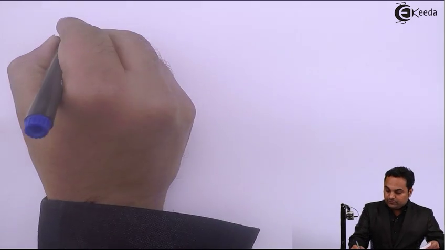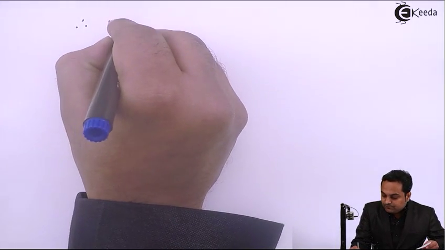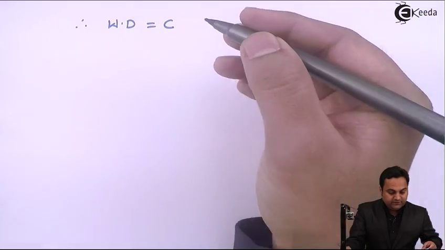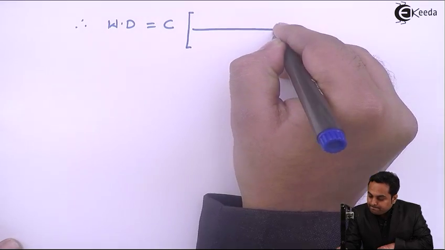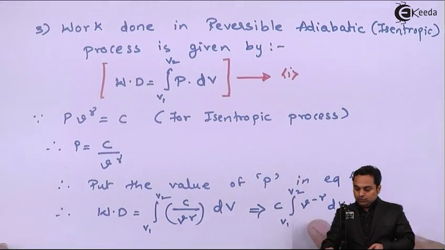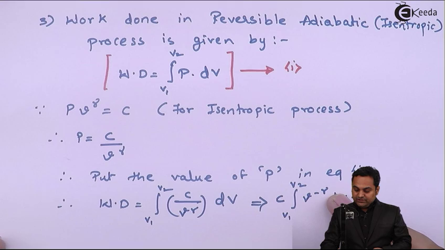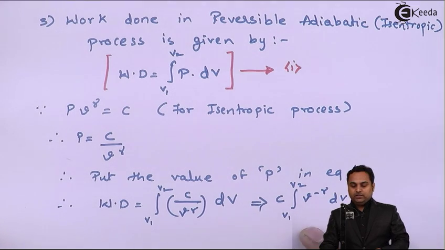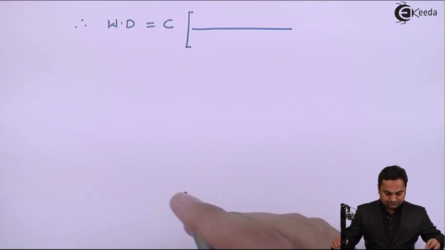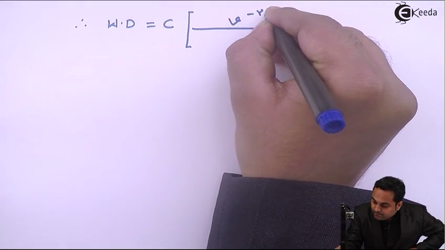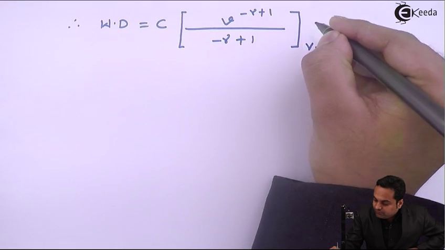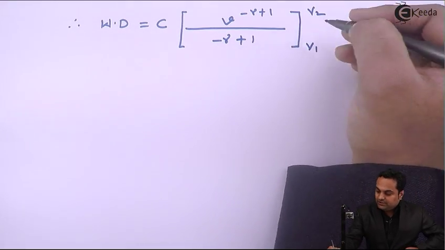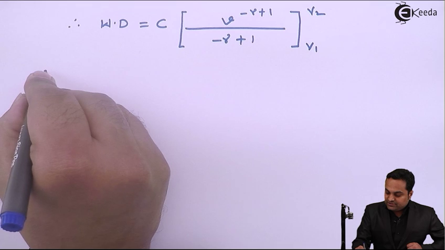So finally I will get work done is equal to C into V raised to minus gamma plus 1 upon minus gamma plus 1, integrating from V1 to V2, that is the lower and higher limits respectively.